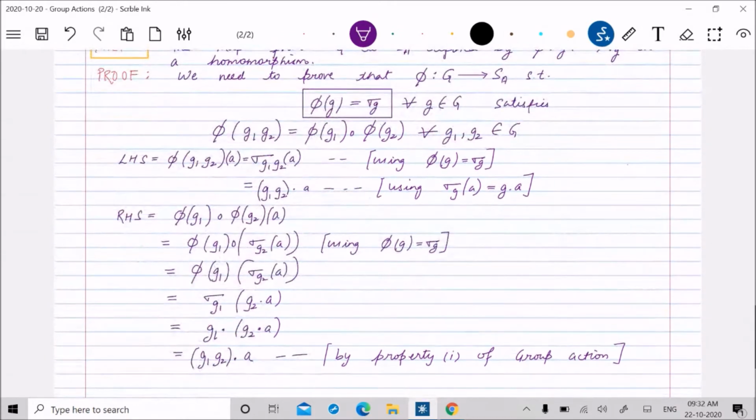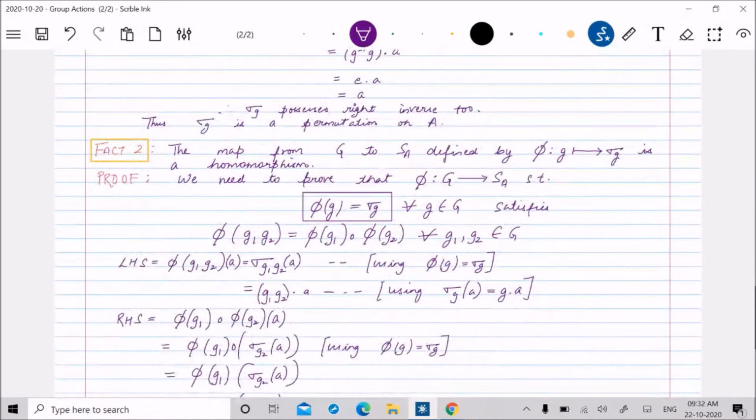Now you can see that the left hand side is equal to the right hand side, so that's the complete proof of this fact.